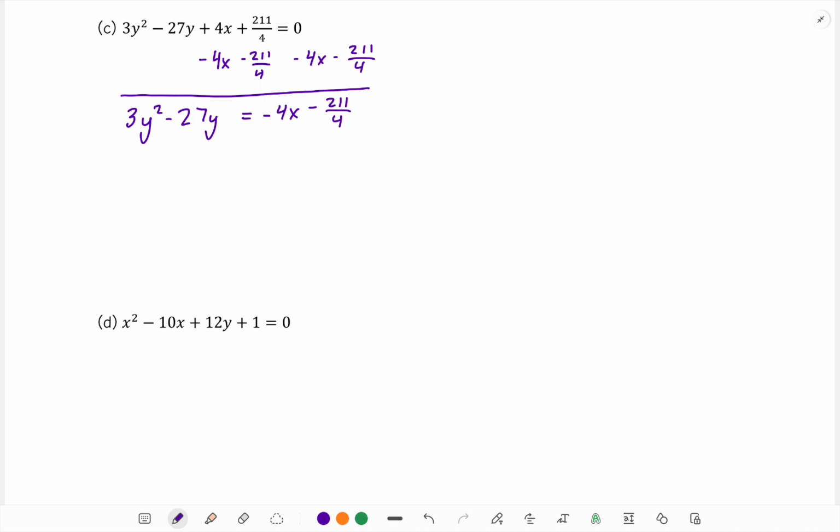Next, I need to make sure that the leading coefficient of the squared term, so the 3, is a 1, so I'm going to divide by 3. Now, on the right-hand side, instead of dividing by 3, I'm going to multiply by 1/3, since there's a fraction over there.